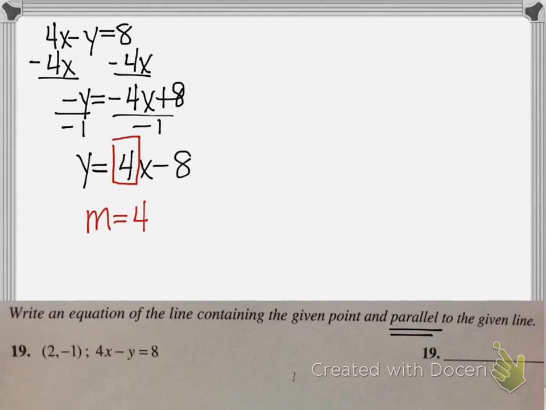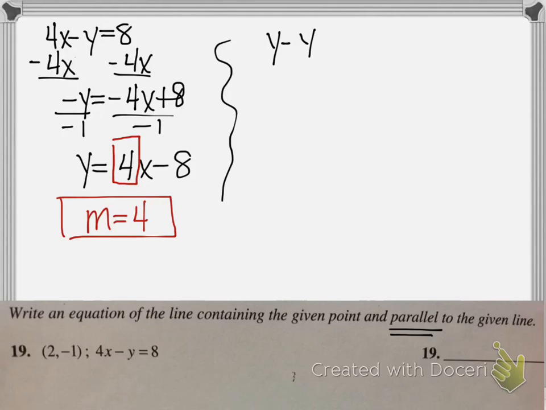So now I have a slope of m equals 4, and I have a point of 2, negative 1. So these are the 2 pieces of information I'm going to use to write my brand new equation. So y minus y1 equals m times x minus x1.